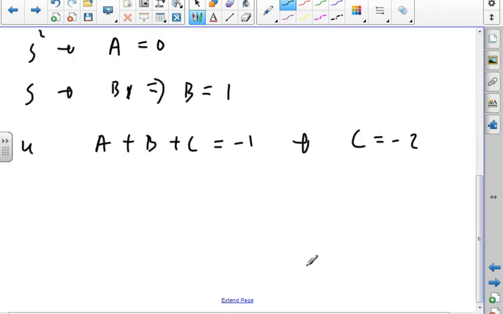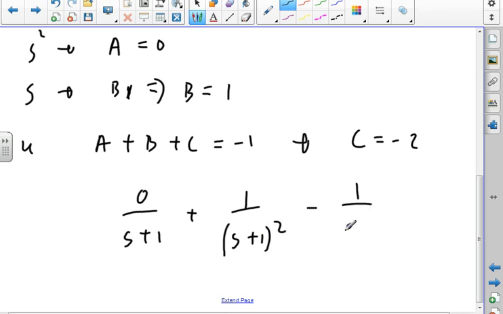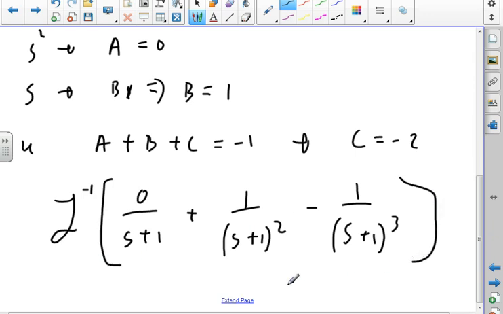So I could rewrite this as 0 over s plus 1, 1 over s plus 1 squared, minus 1 over s plus 1 cubed. And then I could go and do an inverse Laplace transform.